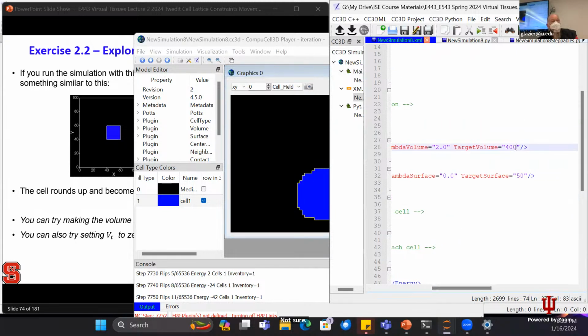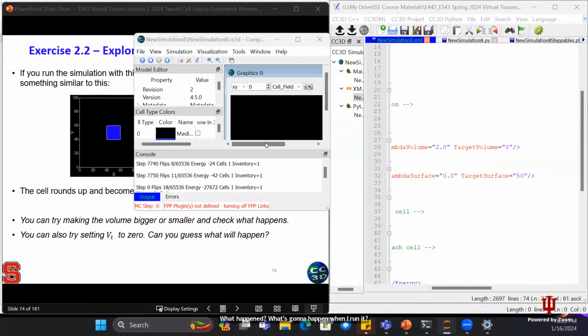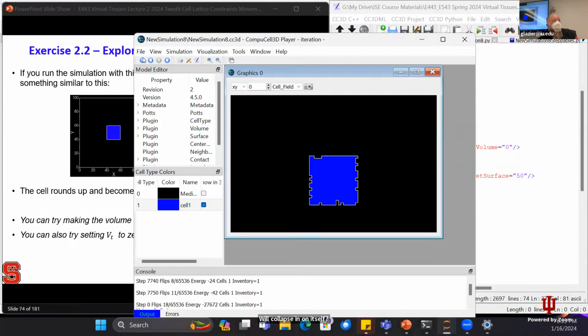Target volume is 0. What happens? What's going to happen when I run it? Will it collapse in on itself? Yeah, that's right. Try it. I'm going to just do single steps here. Boop, cell dies.